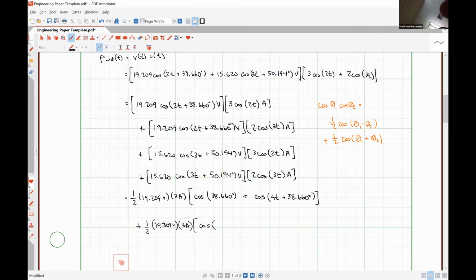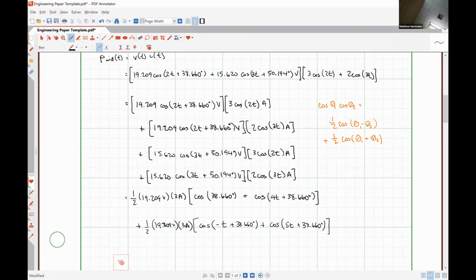So that's going to look like a cosine of negative t plus 38.660 degrees, plus cosine of, let's see, now I'm going to have to add the things together. So 2t plus 3t is going to give me 5t plus 38.660 degrees.